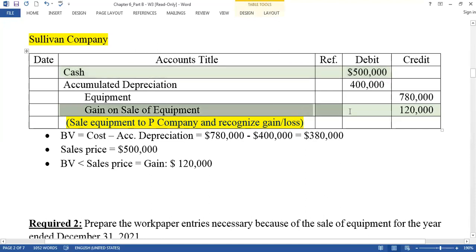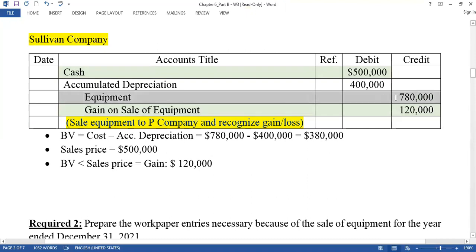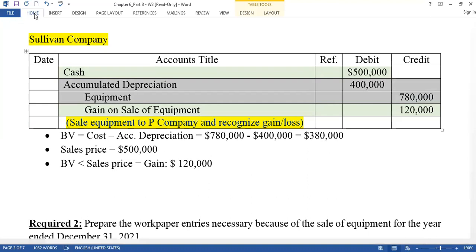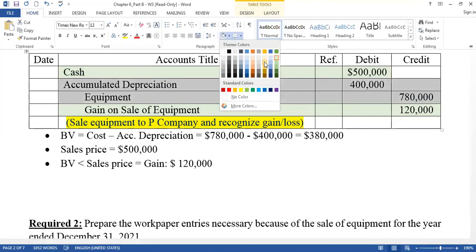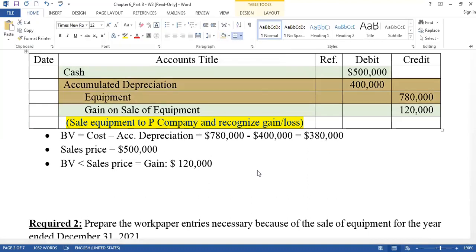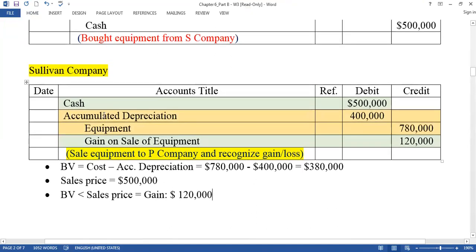They record gain $120,000, and they sell their equipment: $780,000 credit and accumulated depreciation debit. So these two journals, accumulated depreciation debit and equipment credit, mean that they sell the equipment. So these two items together are the sale of equipment.